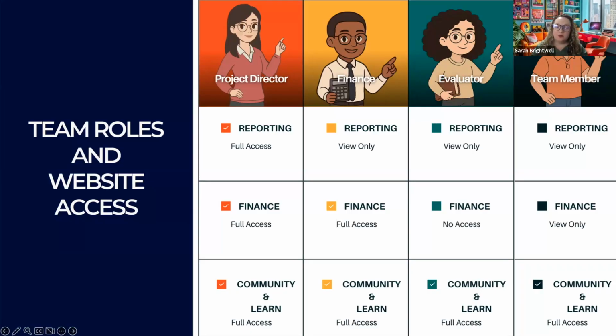So for example, if you are project director for 2 of your district's grants, but the third one you are not project director for, but you do need to be able to work collaboratively with that project director, we can assign you in the system to be project director for, say, the 21 and 24 grant, and then team member for the 23 grant. So we can winnow it out that way so that you're still able to see everything and work collaboratively.